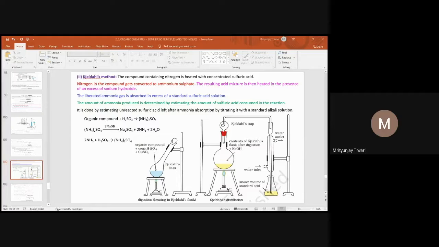This ammonium sulfate in the digestion mixture also contains some other compounds, and we cannot easily extract it. Since the separation of ammonium sulfate from the reaction mixture in the digestion stage is difficult, we first dissociate this ammonium sulfate through a certain reaction, and the ammonia is released. Ammonia is a gas, and it is the only gas produced here.